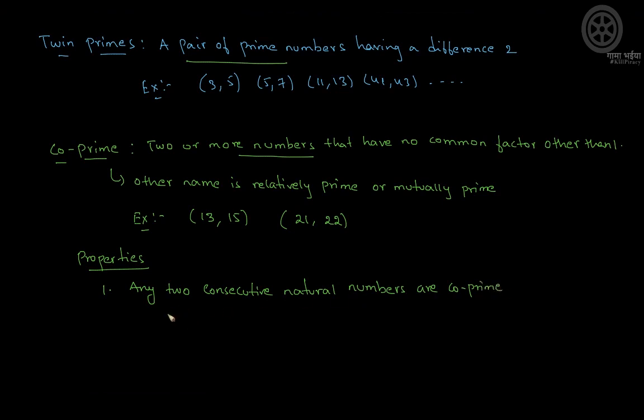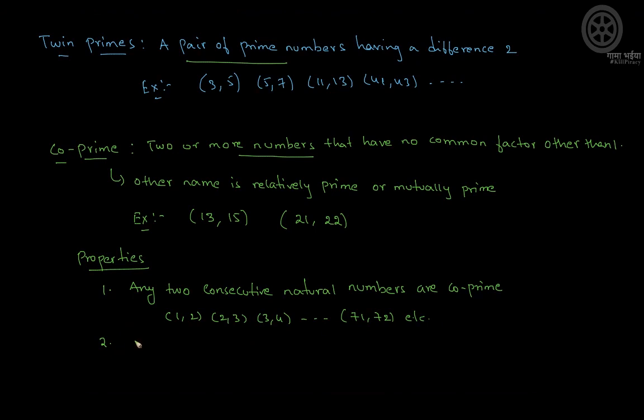What are consecutive natural numbers? Like 1, 2, 2, 3, 3, 4. Any consecutive natural numbers. It can be 71, 72, right? Those are co-prime numbers.